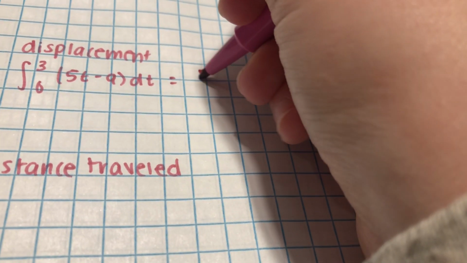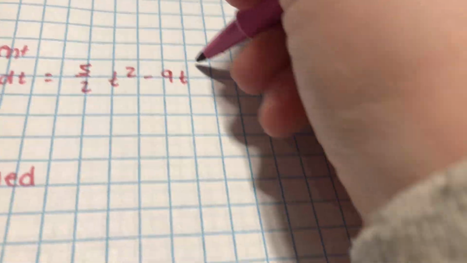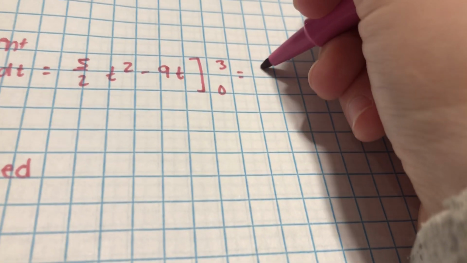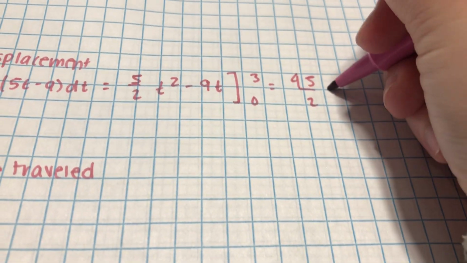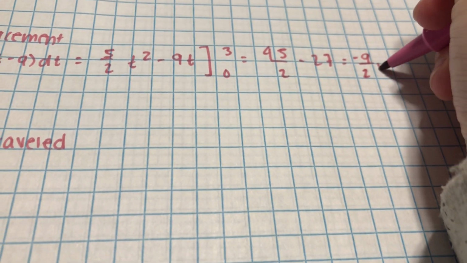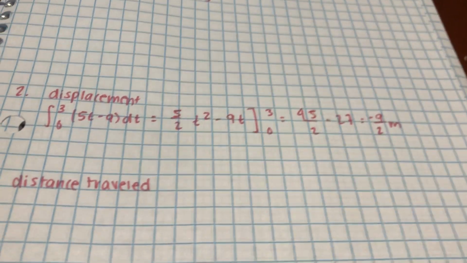We have 5/2 t squared minus 9t from 0 to 3, 45 over 2 minus 27. We get negative 9 over 2 meters. So that's the distance from the start point to the end point.